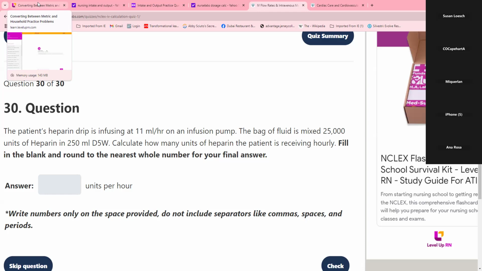Yes. This was a weight-based one, you think? No, digoxin. I don't see that on there. It was weight-based because we had to convert the kilogram, but then when I read further into the question, that's where my mess up was.